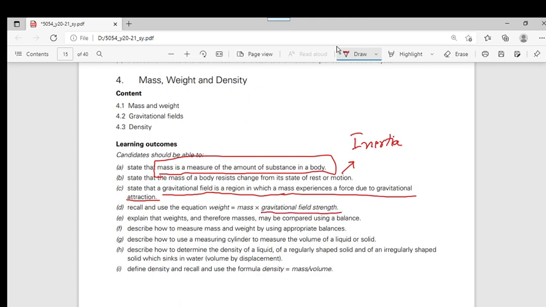G is equal to W over M, or force over mass. So force acting per unit mass is called gravitational field strength.